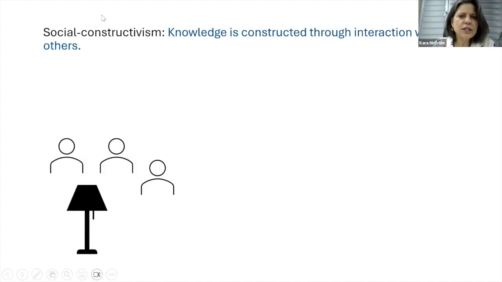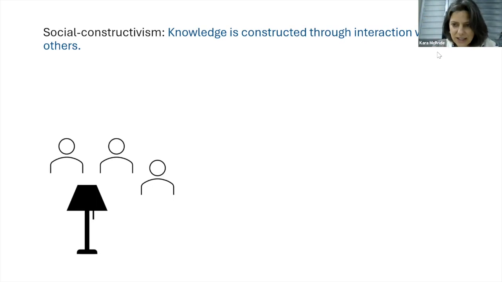So to get started, one of the most important learning theories out there, one of the ones that's most often cited in the universities and in the ministries, is social constructivism. It has a couple of pieces to it: the social part and the constructivism part.